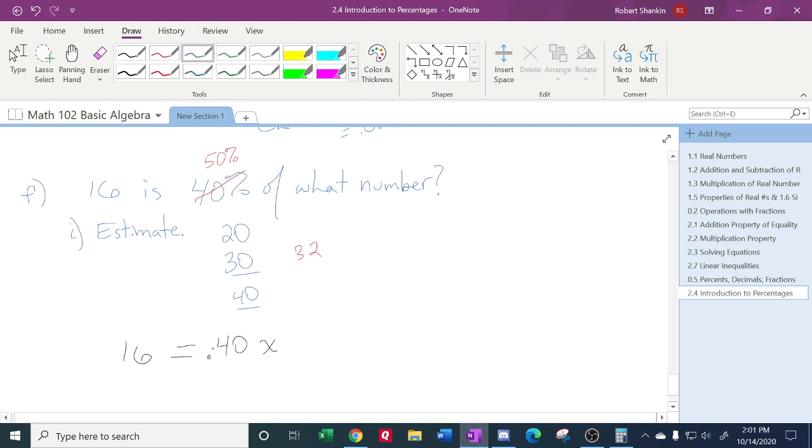And then I divide both sides by 0.4. And I'm going to get x equals 16 divided by 0.4, which is 40. And we had some estimates right at 40, so we were getting it. So 40. Now let's check.